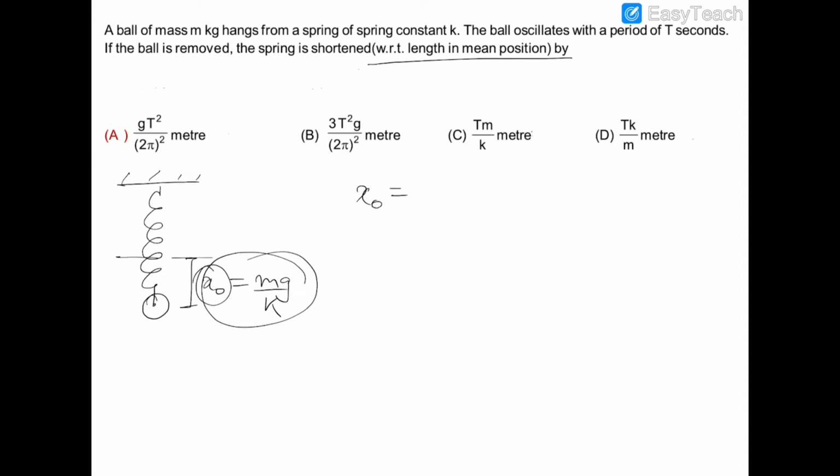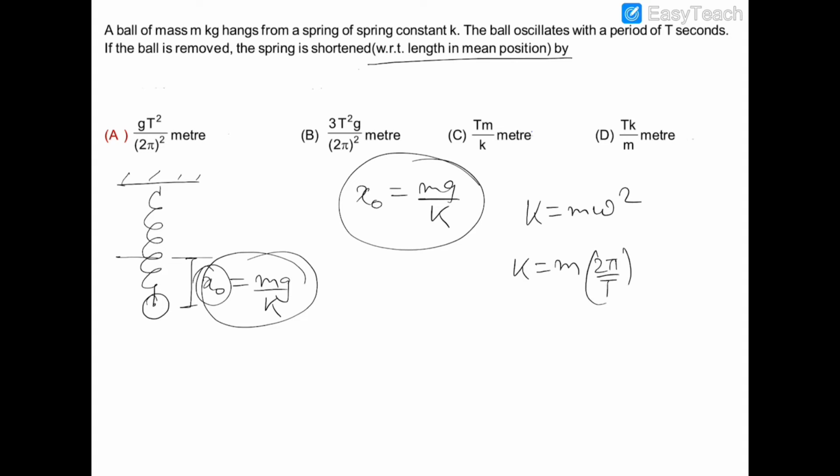So we have to find x naught. Now this x naught will be mg by k, but you can see that the answer is not mentioned in terms of g or mg by k. There is no such option. So we have to introduce omega, and we know that k is equal to m omega square, where omega is the angular frequency. So omega is 2 pi by t.